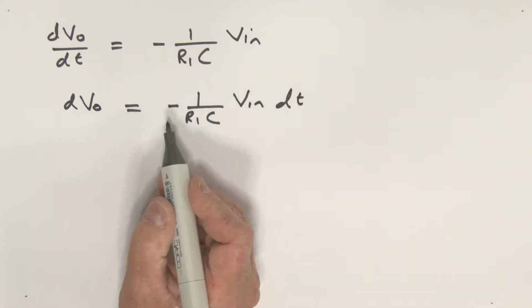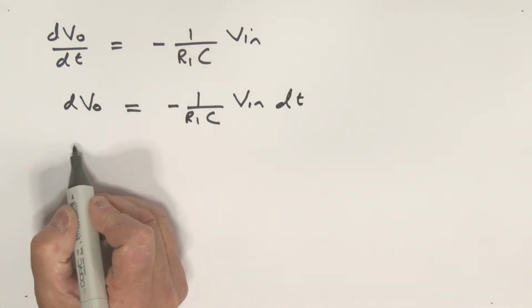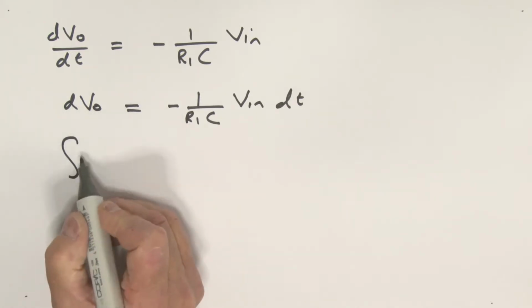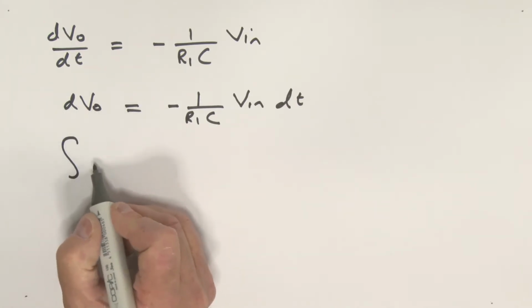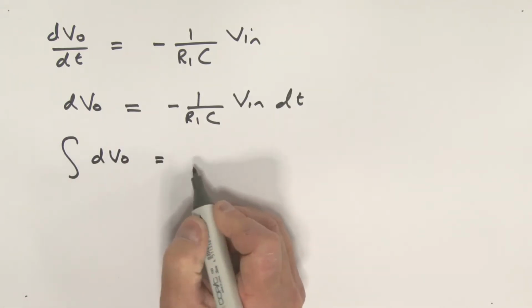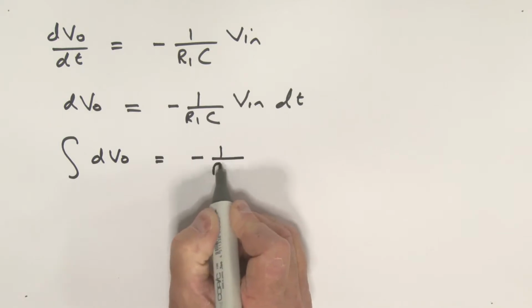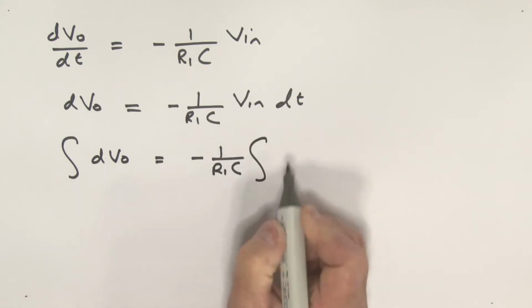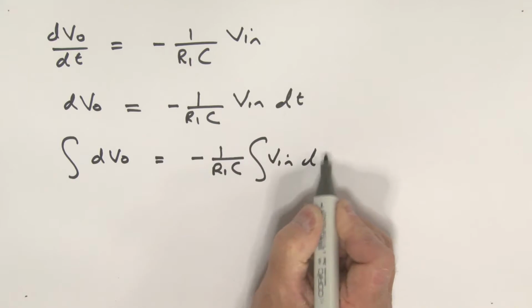Let's integrate both sides here. So what we have is the integral of dVO is equal to minus 1 over R1C integral of Vin dt.